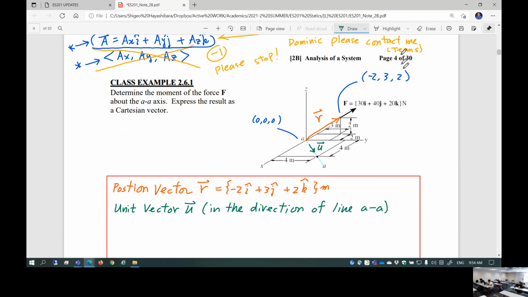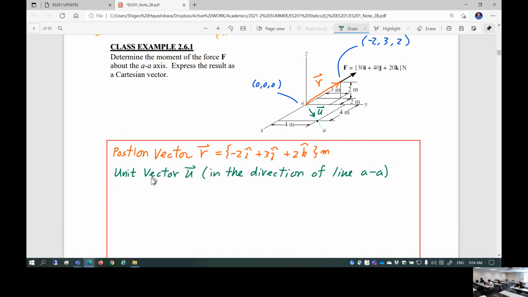How'd you do that? Basically, you say RAA divided by magnitude of RAA, isn't it? This is a U.